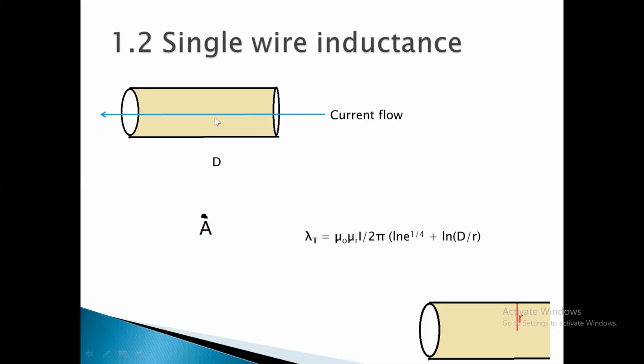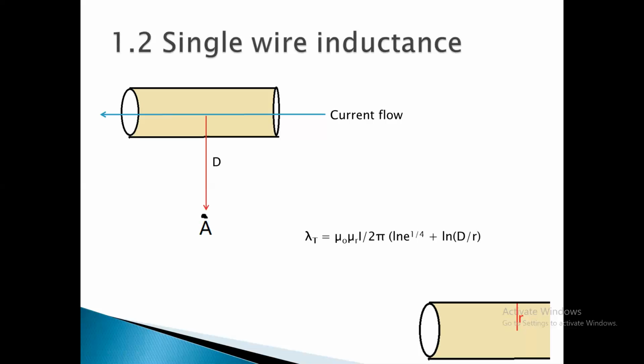If I want to find inductance at point A, how will I find it? Now I will tell you. D is the distance between the center of the line and the point where I want to find inductance. This D distance is very important.